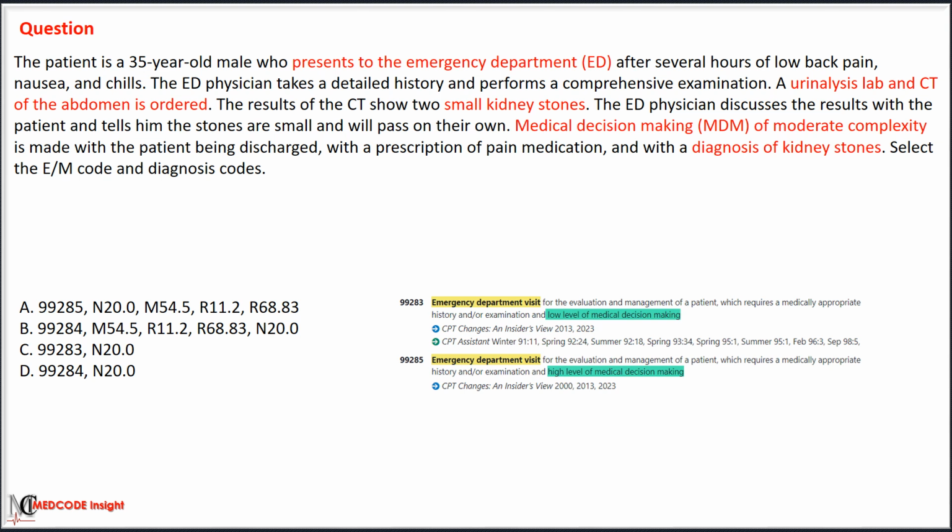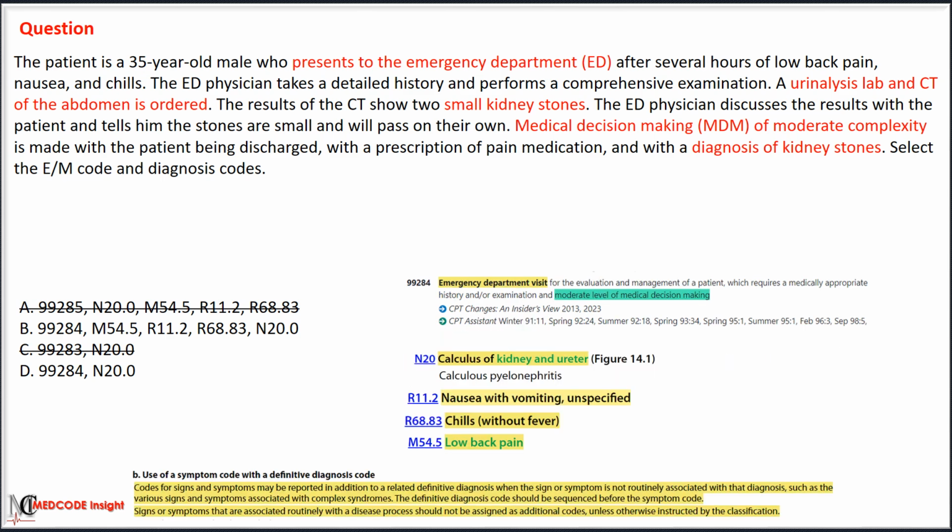We will also eliminate option C, which includes code 99283, which is used for an emergency department visit with a low level of medical decision making. Both options B and D include code 99284, which is used for an emergency department visit which requires a medically appropriate history and examination and a moderate level of medical decision making.